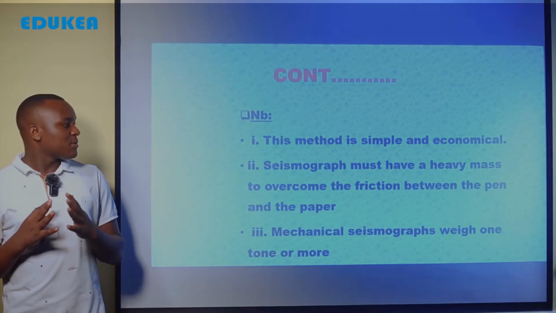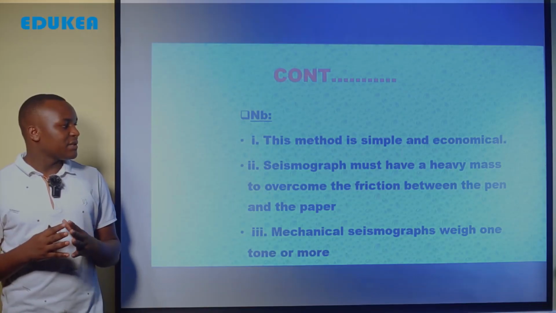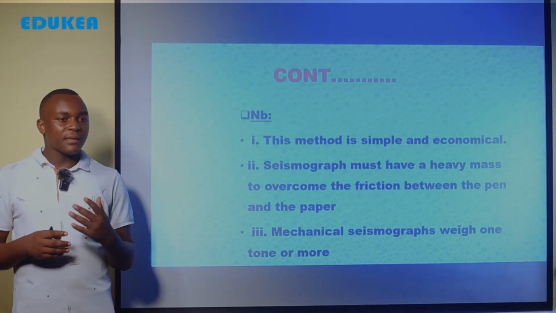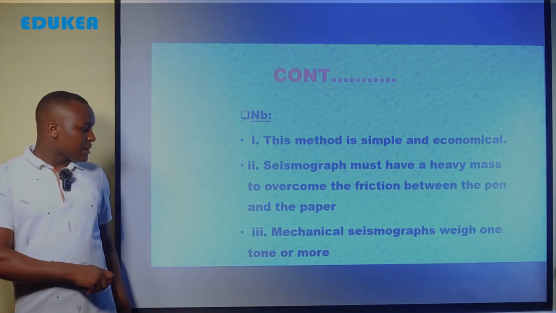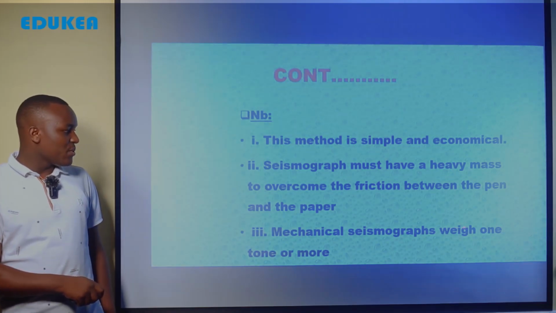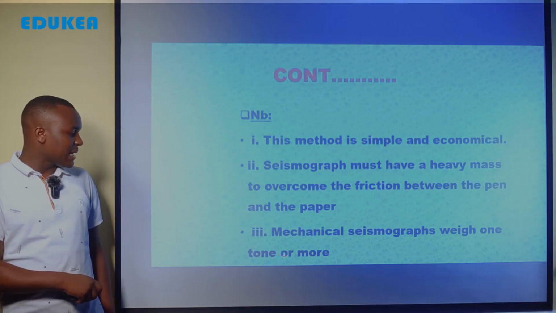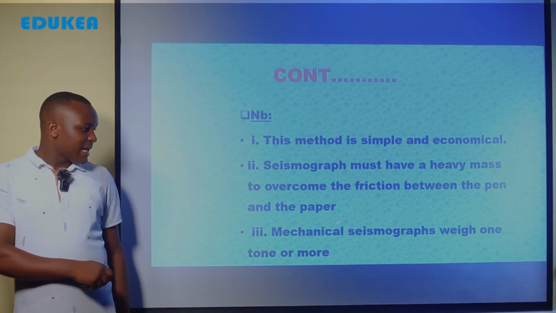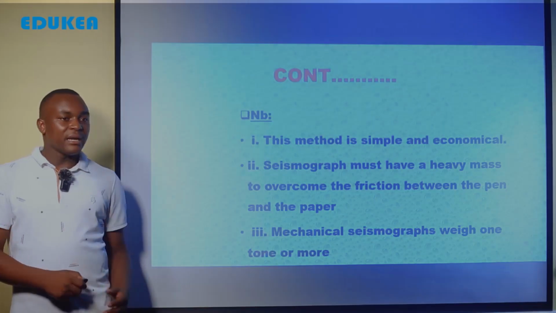But also we say mechanical seismographs weigh a ton or more. So mechanical seismograph weight lazima ianzie 1 ton na kuendelea. So let's see another method of measuring the pendulum motion by using the optical method.